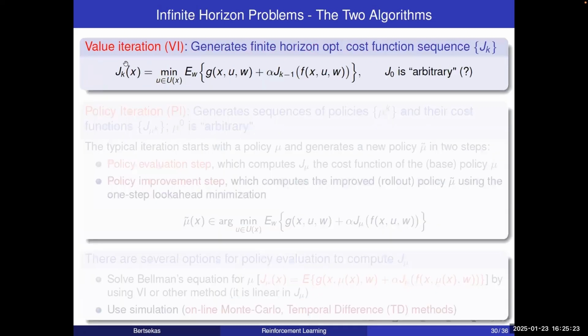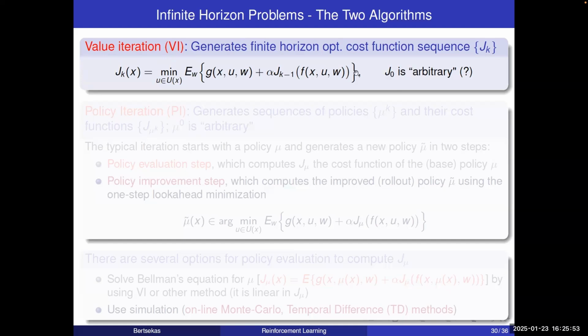And for solving J star, in the dynamic programming literature there are several major algorithms, and the two most important ones are value iteration and policy iteration. Value iteration generates finite horizon optimal control cost function sequences by this iteration, where J0, in the previous slide, I said J0 is 0, right?